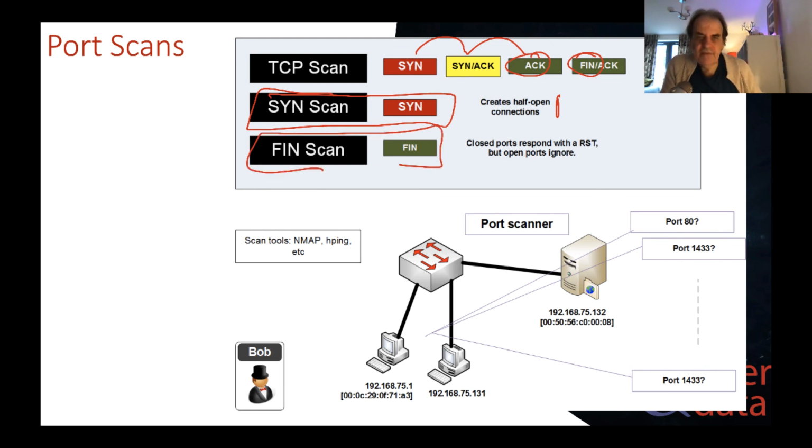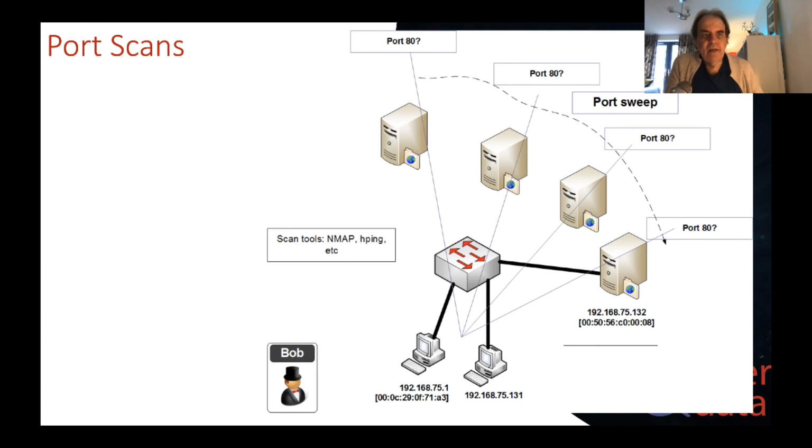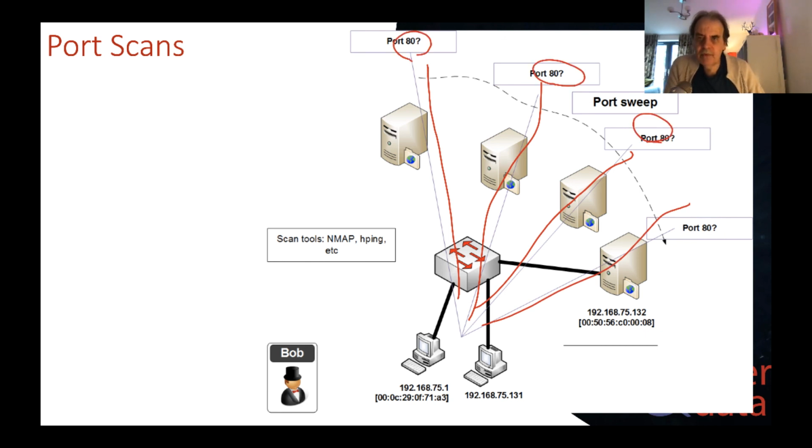And we can also get a FIN scan where a FIN flag is sent each time. Okay, so a port scanner goes out to a host or a number of hosts and tries to see if certain ports are open. We can also get a port sweep across the network, and this is where an intruder is only interested in one port and then might sweep across all of the machines on the network looking for a connection.